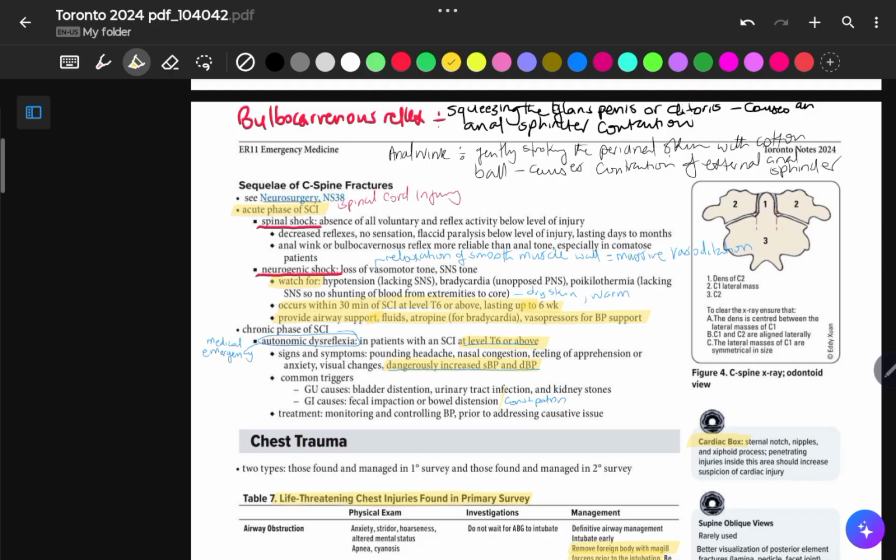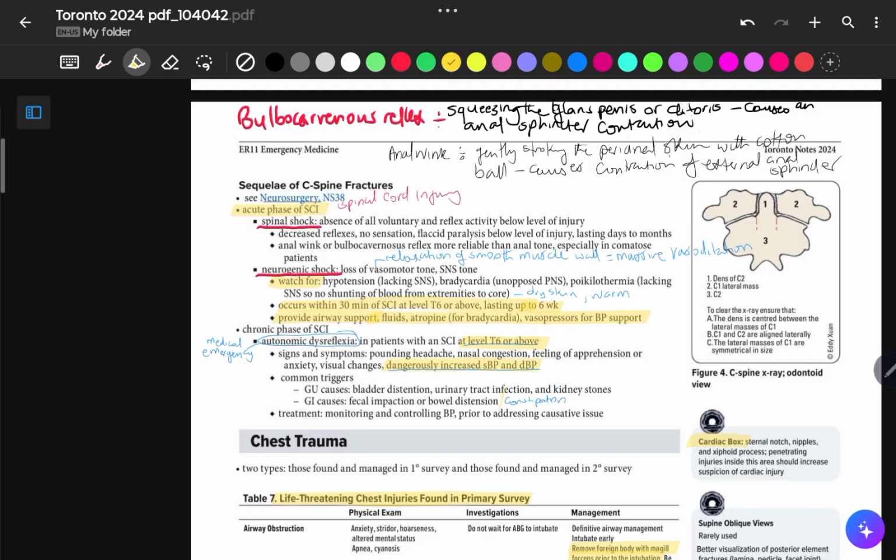So this neurogenic shock actually occurs within 30 minutes of your spinal cord injury at level T6 and above, lasting for up to six weeks.